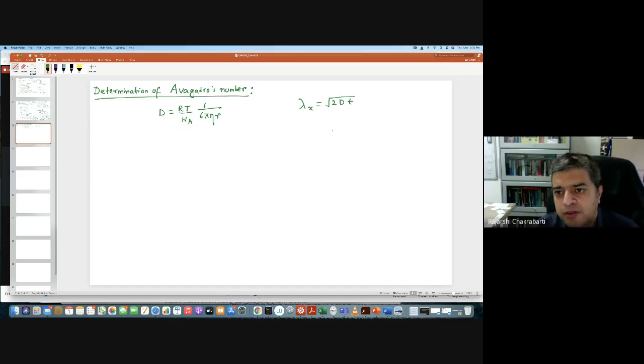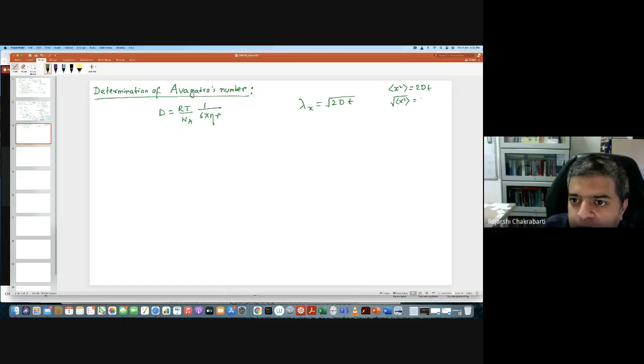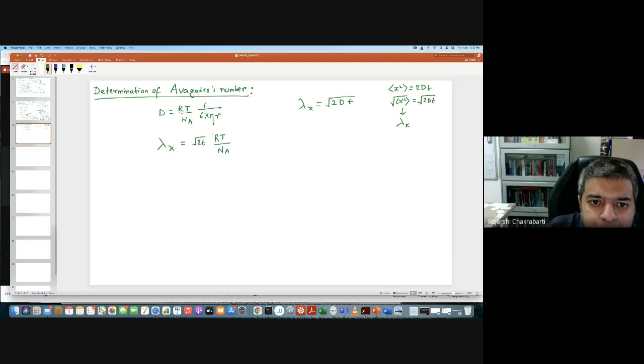Remember this, no? And this one I'm calling lambda x, the average displacement. So if I put this back here, it is going to be root over 2 into t, then RT by Na, whole to the power of half.